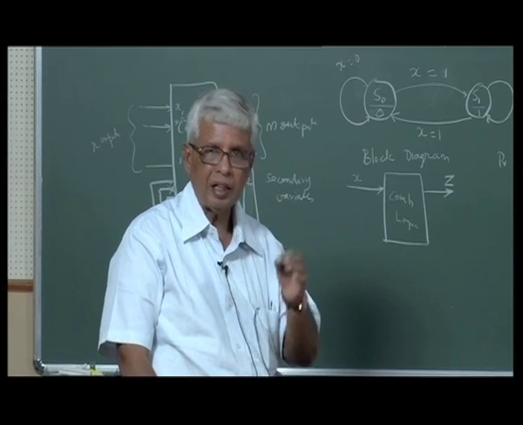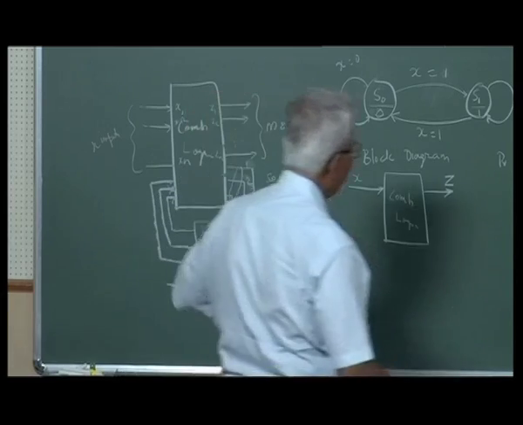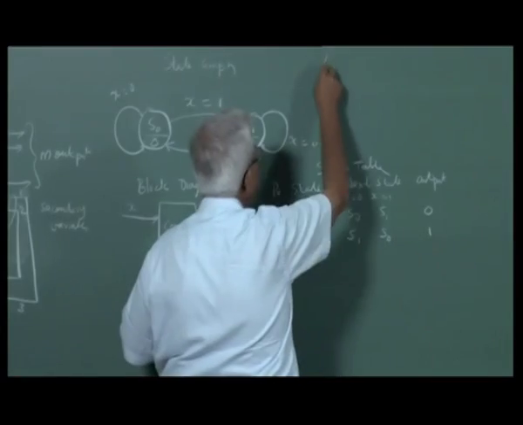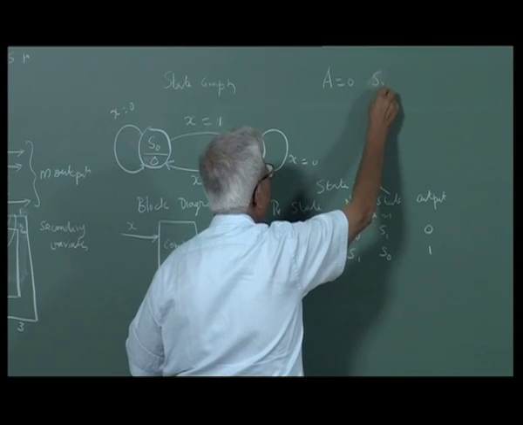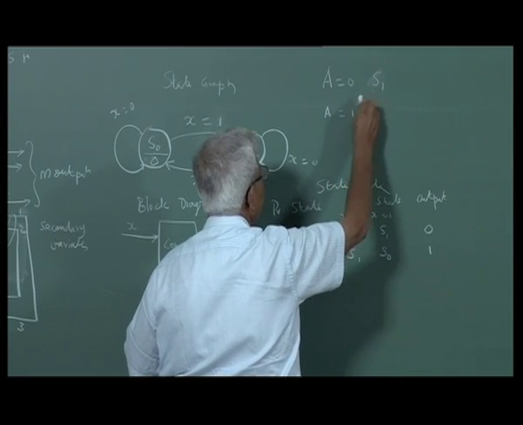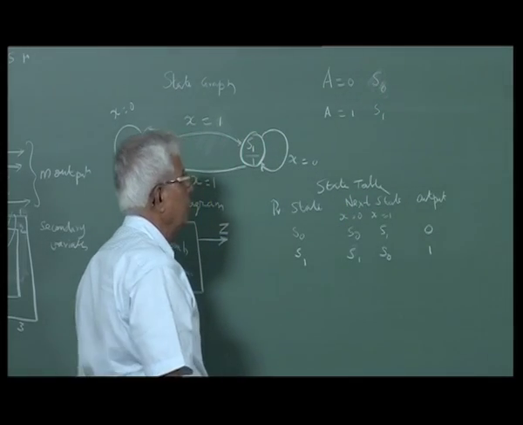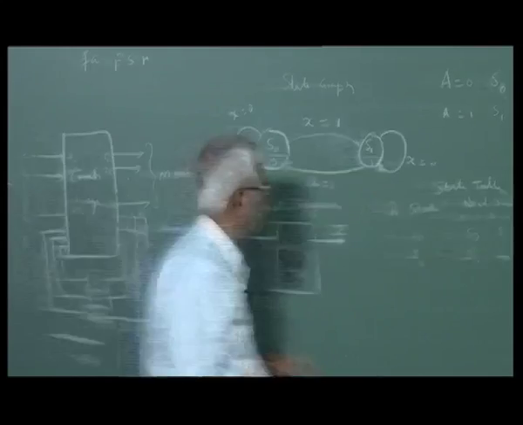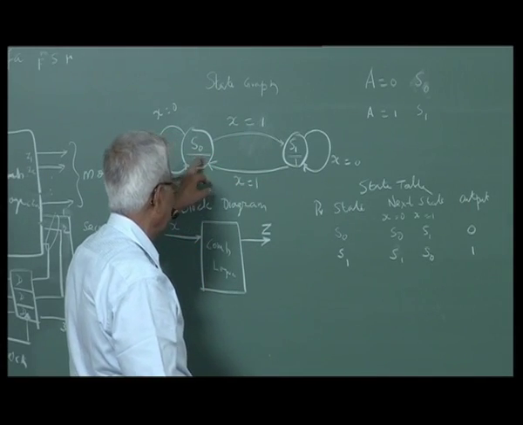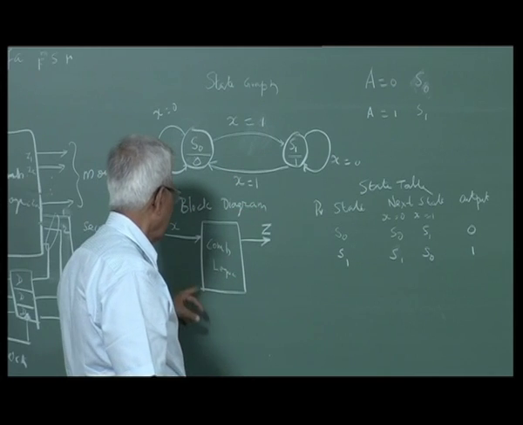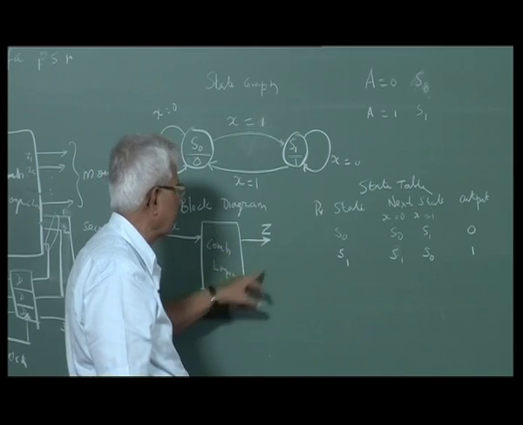If you assume one variable, let us say A, A is equal to 0 for S0 and A is equal to 1 for S1. This is called a state variable. This is the state graph, these are the states S0, S1. A is a state variable, this is a state table, this is a block diagram.